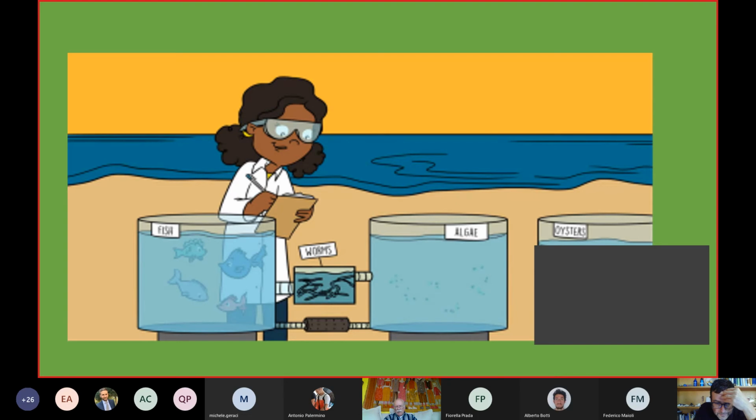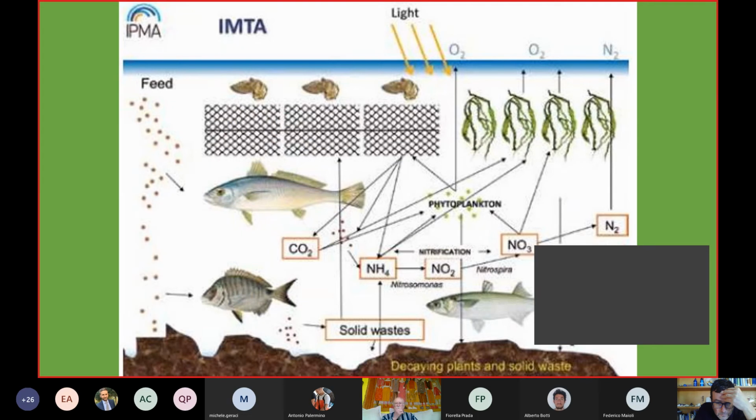It's a major problem. All the fish ponds and the oyster ponds in Asia and other countries pollute the environment and pollute the marine environment to an incredible degree. And here you can see again a combination of culturing many species with macroalgae, with phytoplankton, and you see the recycling of nutrients that is needed for this.